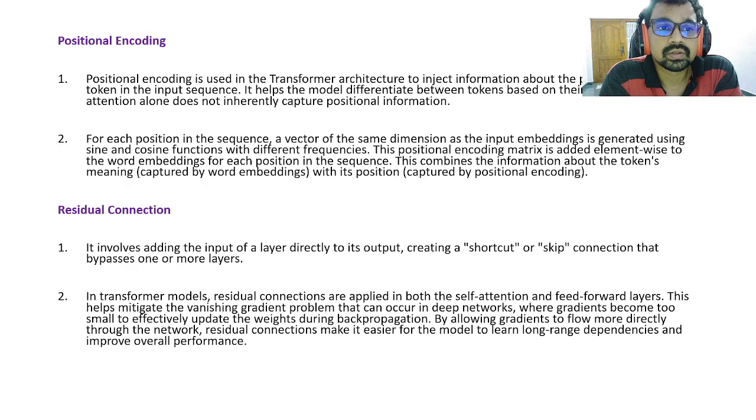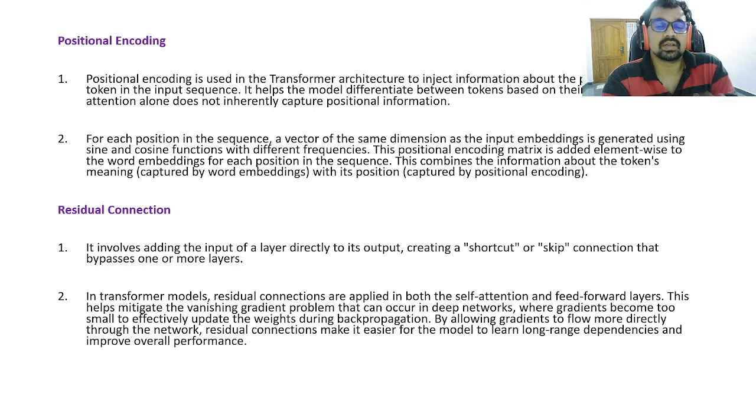Positional encoding. The transformer should know about the position information of the token as the information progresses at each phase. How can we do positional encoding? By creating a vector of the same dimension as your input embedding, using sine and cosine functions. This positional matrix is added element-wise to the word embeddings for each position in the sequence.